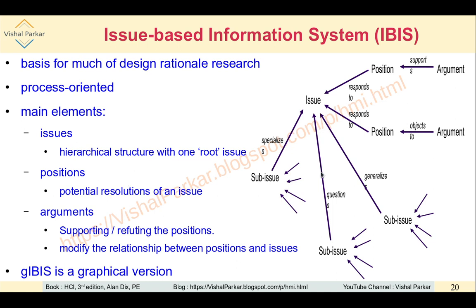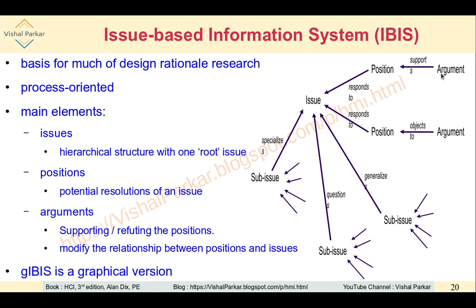Now there are still arguments, as you can see here. So arguments either support the positions, that means the solutions, or they refute the positions or the solutions for a particular issue. That means they may support or they may negate that particular solution considered.